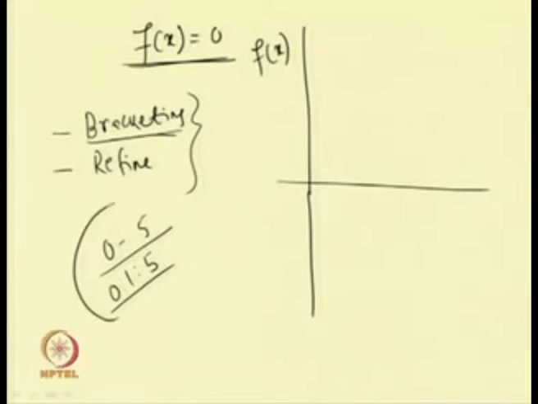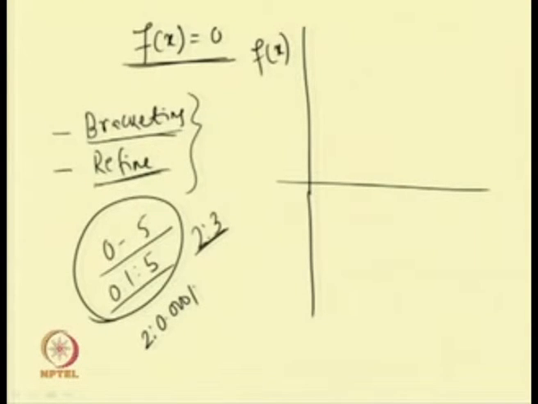Then if we find that it is lying between 2 and 3, then we can use the refined value. Now we will increment this with a very small value, for example 0.001 from 2 to 3.